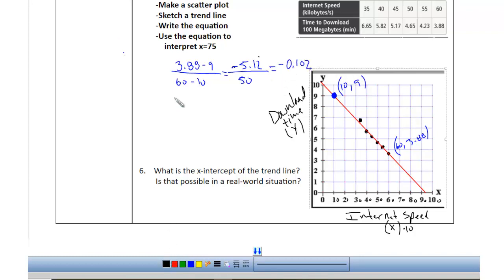So now we're going to go ahead and find the equation. So y equals mx plus b. Let's identify our known quantities and solve for the unknown. My m is negative 0.102. I'm going to take the x and y values from right here, those nice ones, 10 and 9, and substitute.